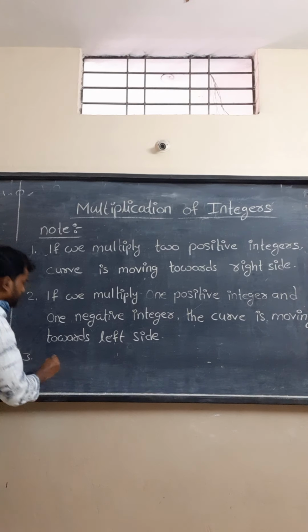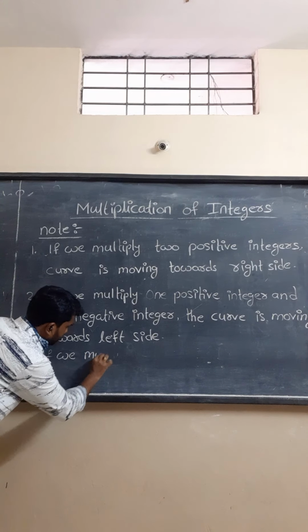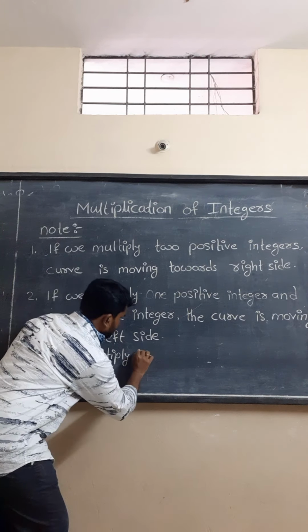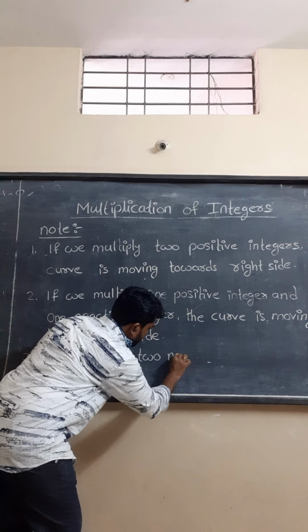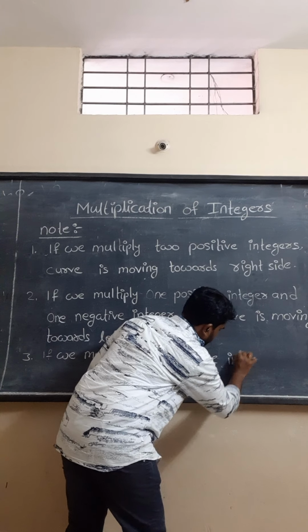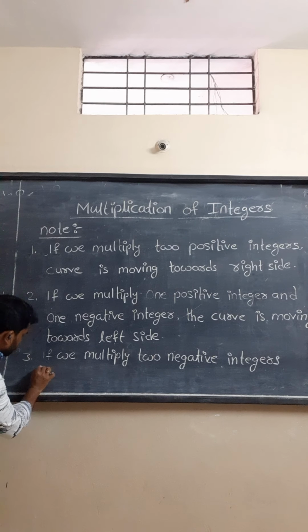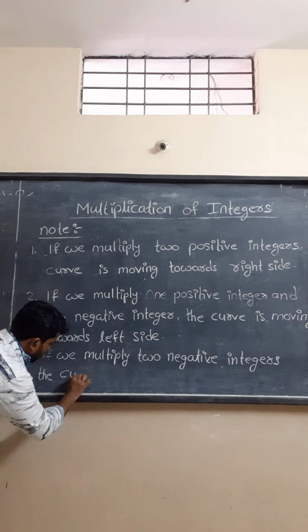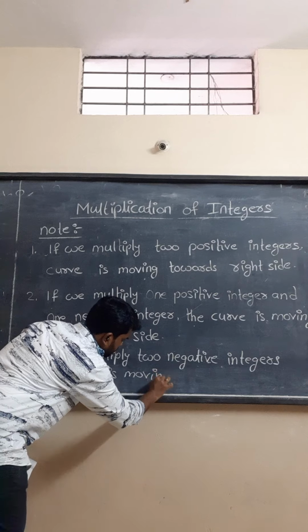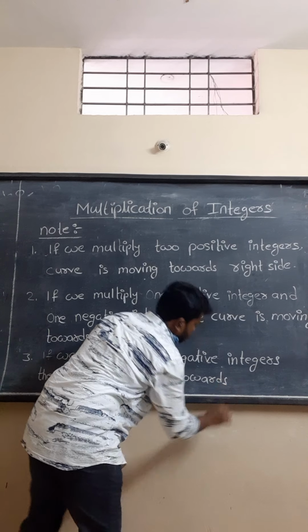If we multiply two negative integers, the curve is moving towards which direction?